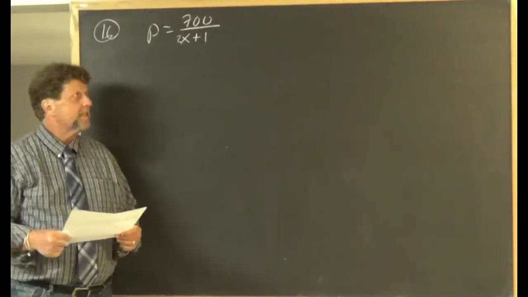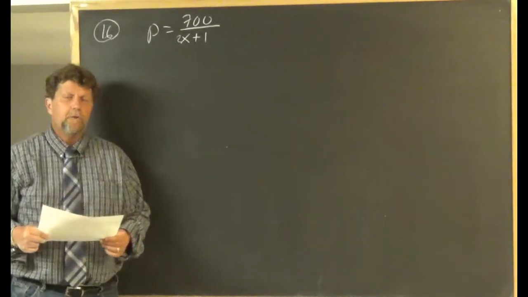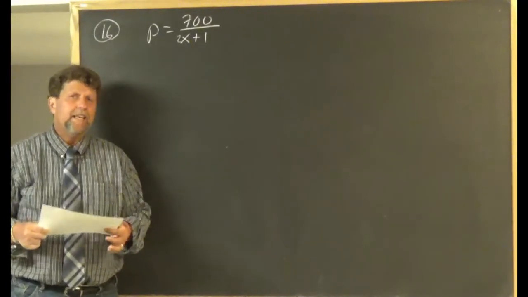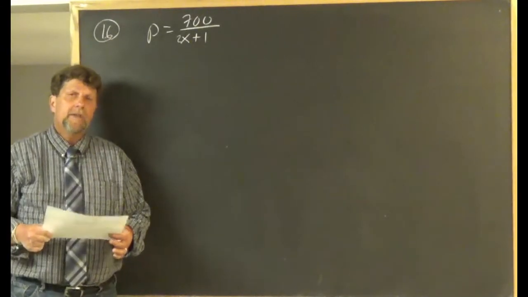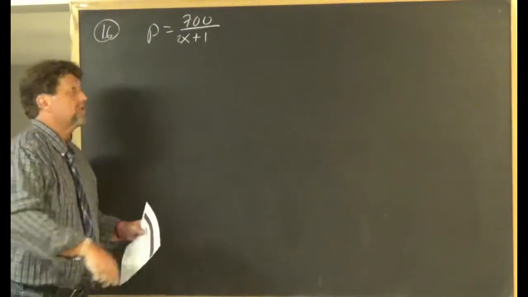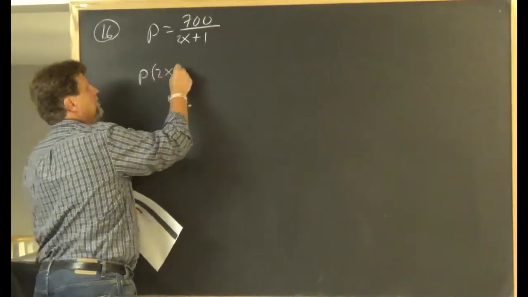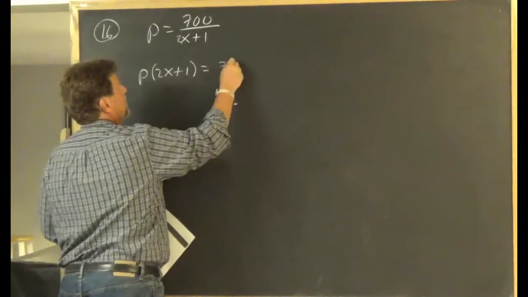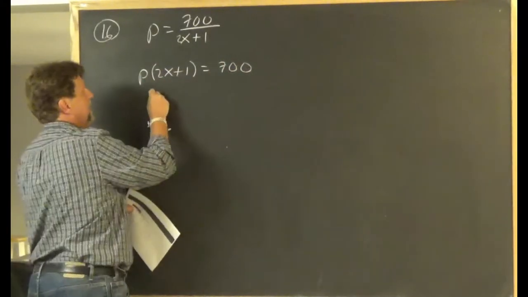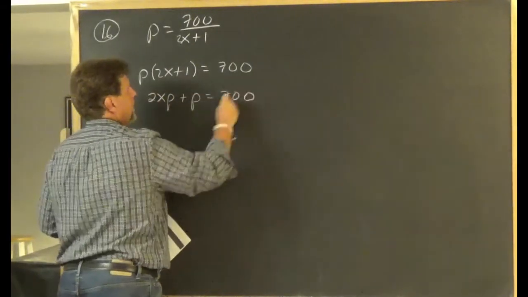All right, folks, in number 16, you were given the price demand function, P equals 700 over 2x plus 1, and you were asked to determine the demand function, x equals d of p. So that means we need to solve this equation for x. My first step, multiply both sides of the equation by 2x plus 1. Next, I'll go ahead and just distribute the p, so I have 2xp plus p equals 700.